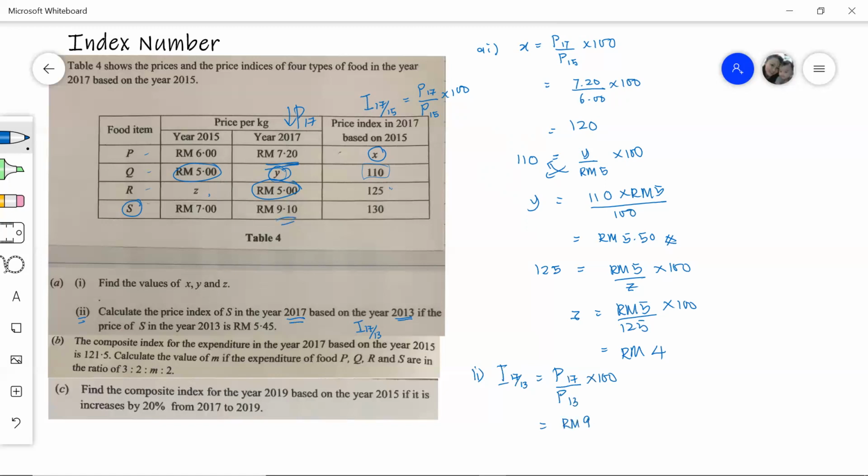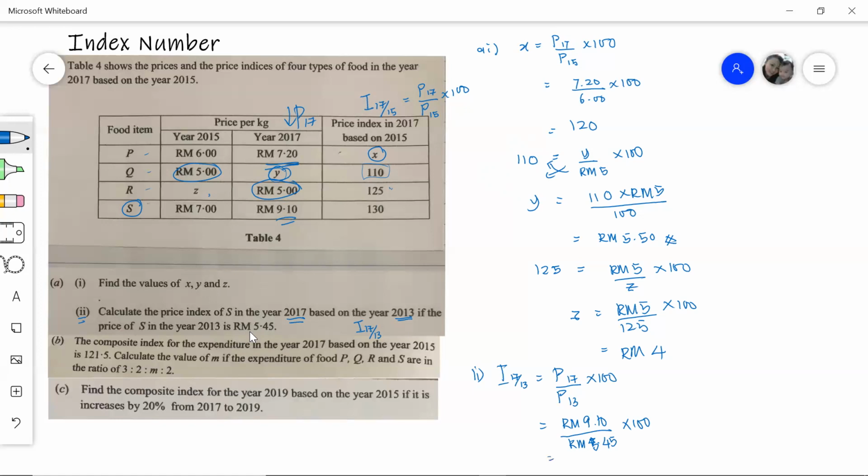Okay, 9 ringgit and 10 cent. Do we have the price in year 2013? Yes, it's given here. If the price of S in the year 2013 is 5.45, let's put that in the formula: 5.45, and then times 100. So we have 9.10 divided by 5.45, and then times 100.